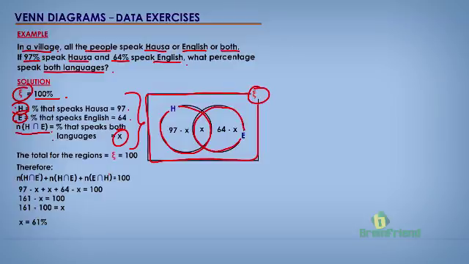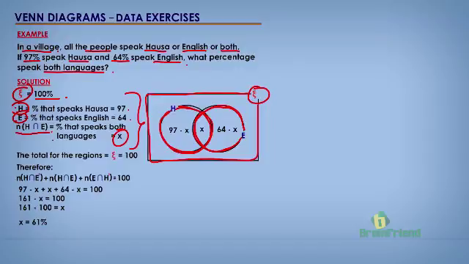Let's take a look at our information here. We said that 97% speak Hausa. It means that our region here would have 97 within its border. While 64% speak English, it also means that our region here would have 64 within its border.